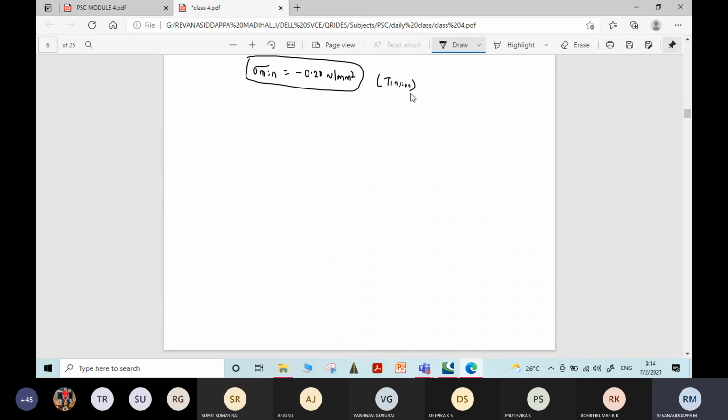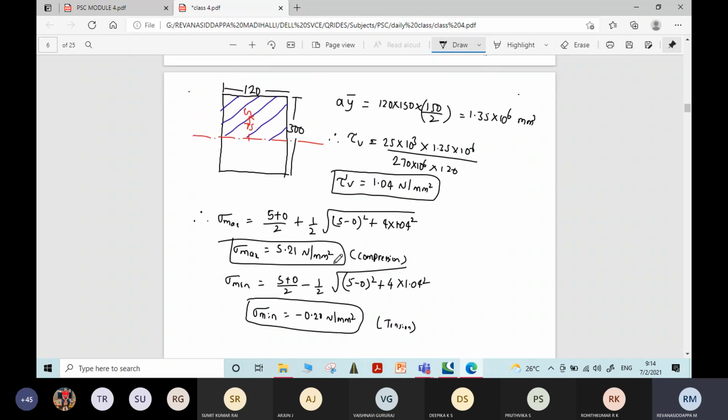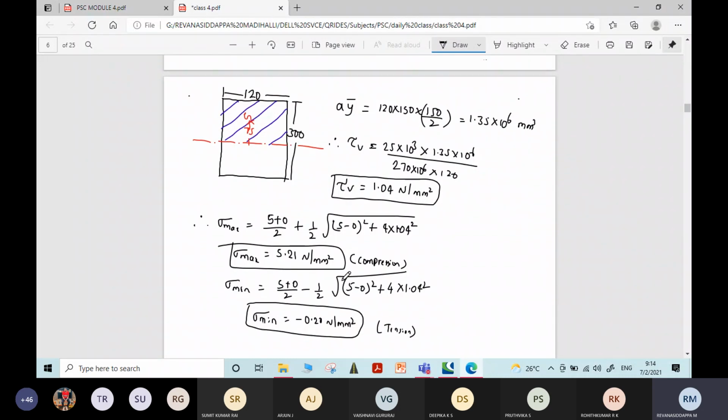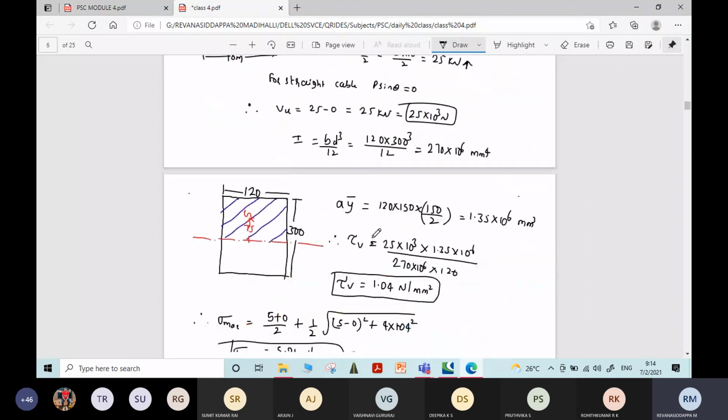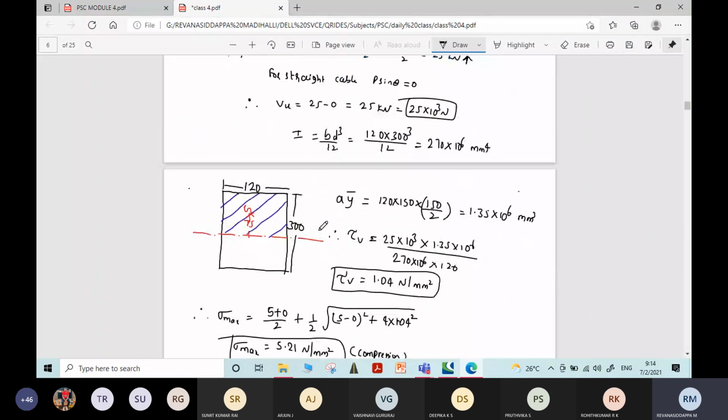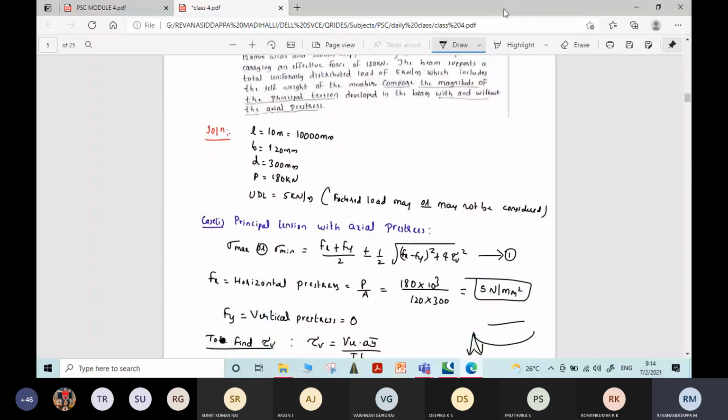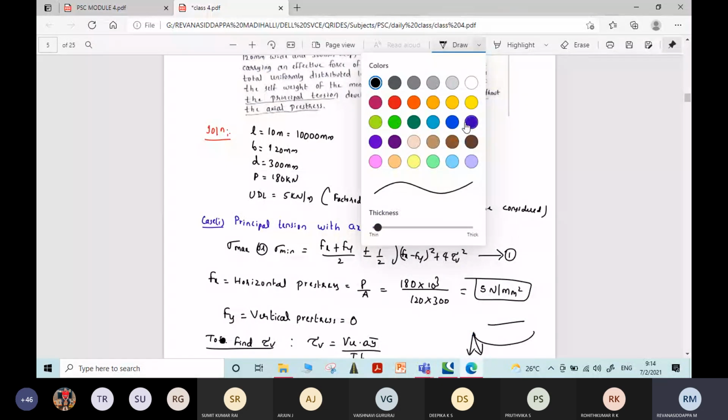In the problem it is asked to find principal tension only. Now we identified the value of principal tension, that is minus 0.20 Newton per mm square with axial pressures. Similarly, we have to find principal tension without axial pressures, that is case 2.